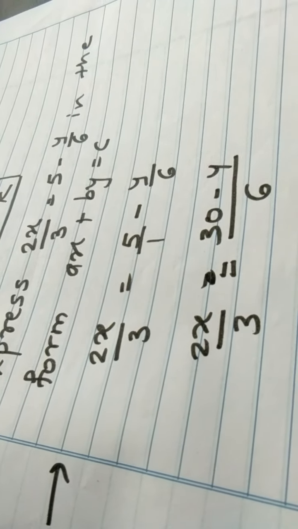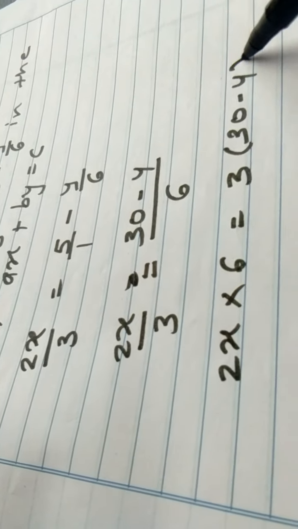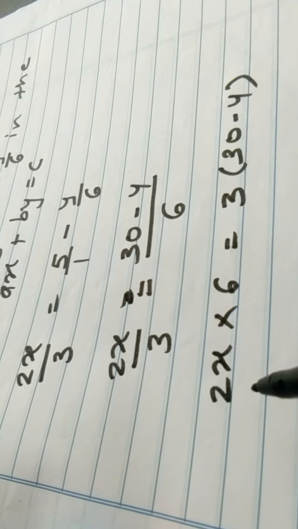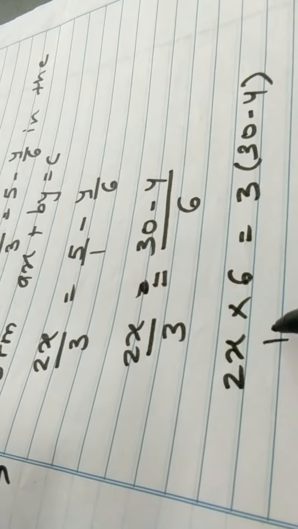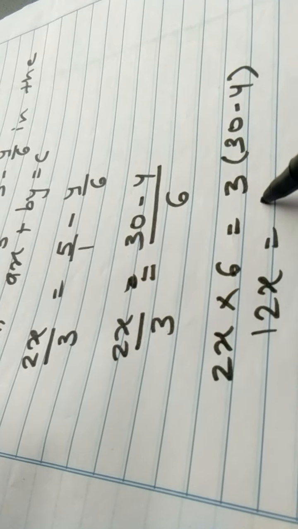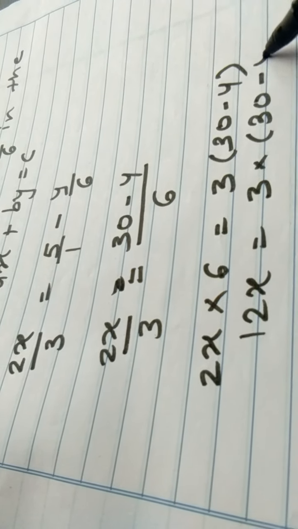2x into 6 is equal to 3 into (30 minus y). See. 2x into 6, that is 12x, is equal to 3 into (30 minus y).